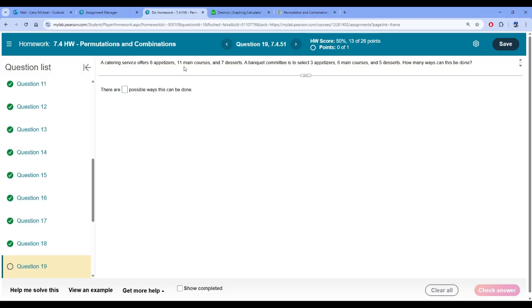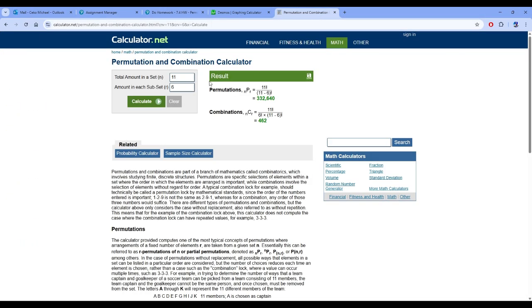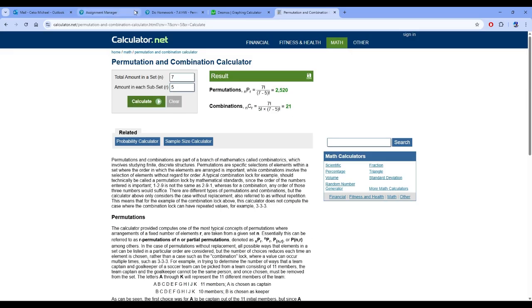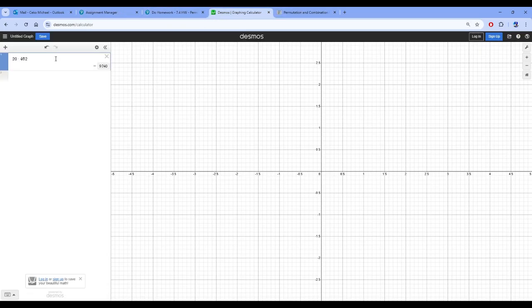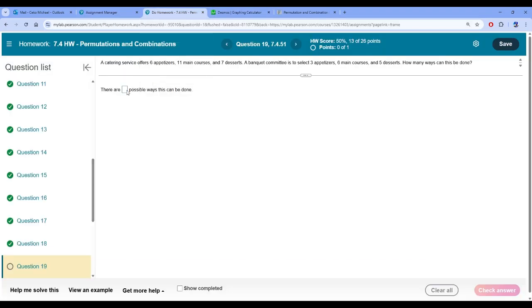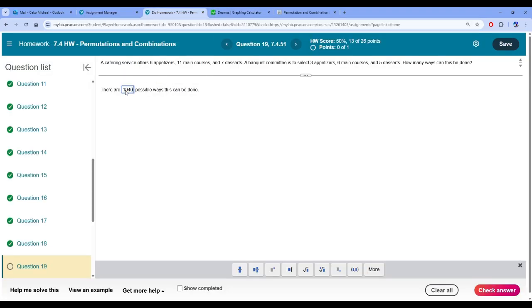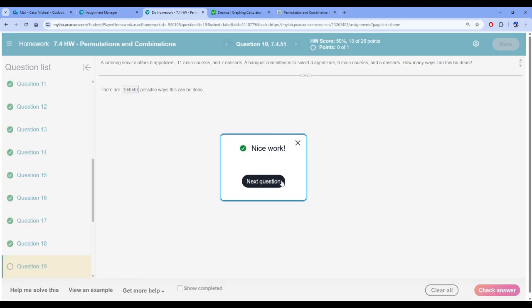And then 7 desserts, I can pick 5. That would be 21. And I think there's 194,040 different possible ways because you multiply. There you go.